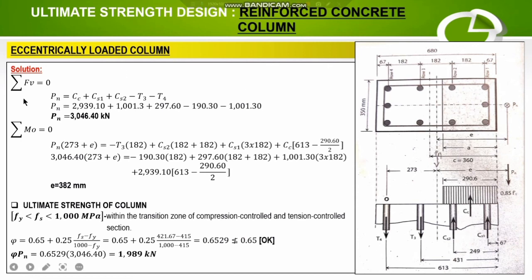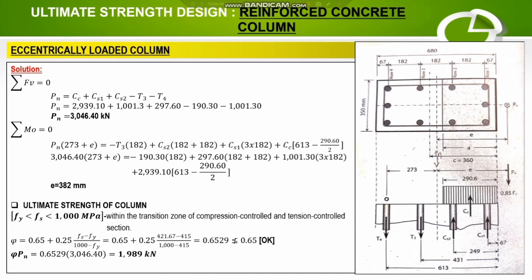So by the equation of equilibrium, summation of vertical forces equals 0, we can now solve for the Pn. So Pn is equal to Cc plus Cs1 plus Cs2 minus T3 minus T4. Or you just sum up the forces, but consider the sign.